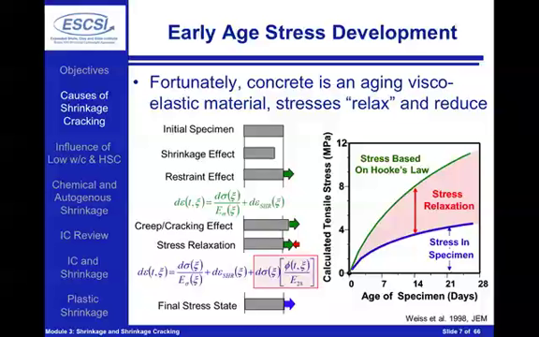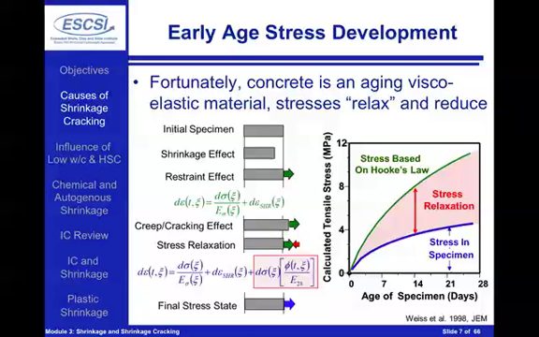So this stress relaxation is actually very beneficial in a restrained shrinkage problem, because what it's going to do is help to reduce the stresses that are inside of the system. So as we saw before, we had the initial specimen. The specimen underwent shrinkage. We restrained the shrinkage to build the stress back up in the system and to maintain that zero displacement.